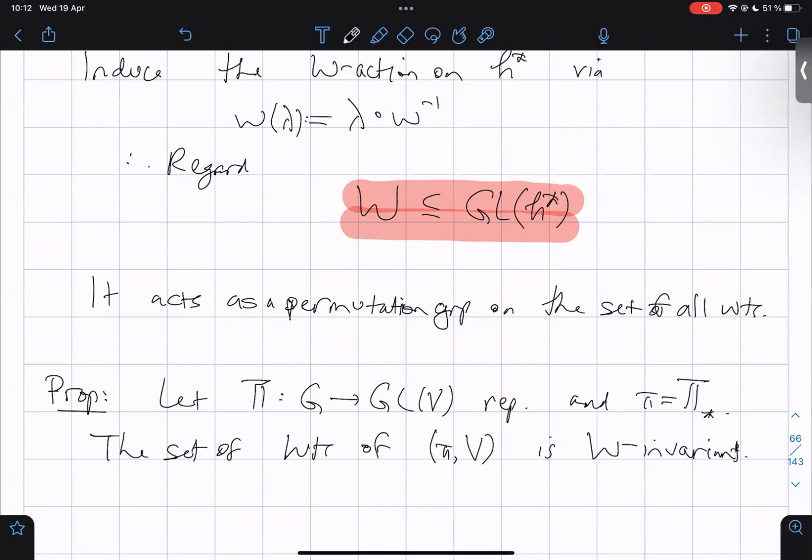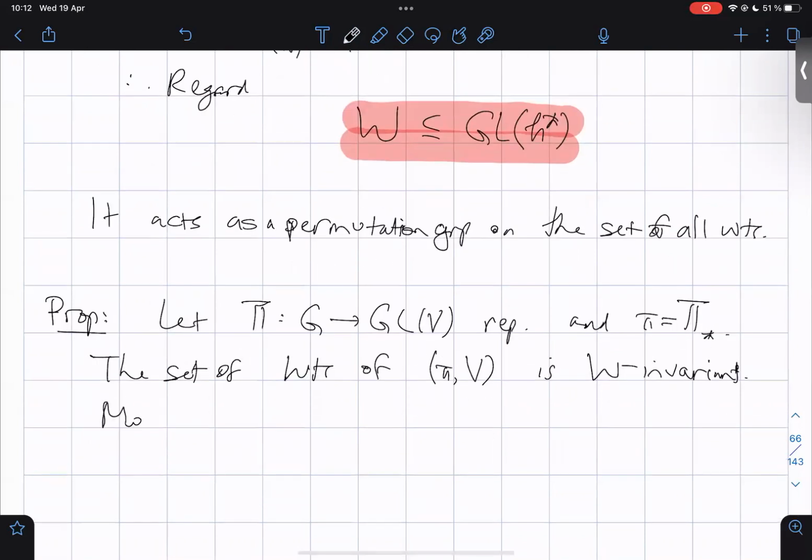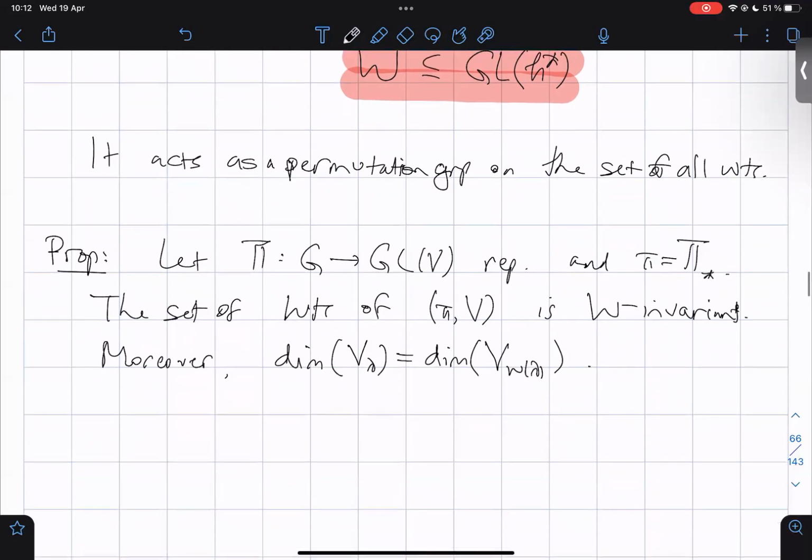So W is acting as a permutation group. It's permuting these weights. Moreover, the dimension of one of these eigenspaces, this geometric multiplicity, is constant along orbits of this group. So same geometric multiplicity.